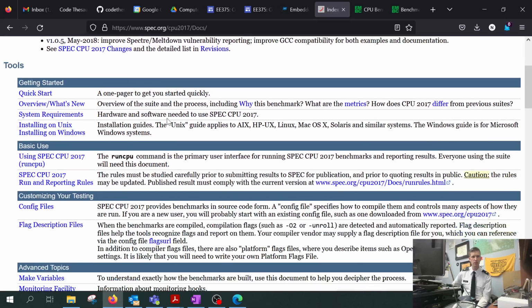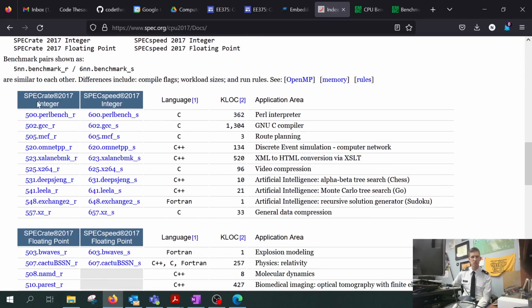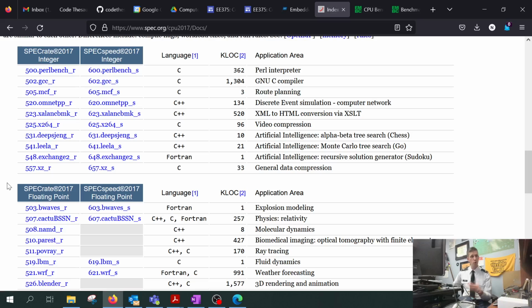You may have heard of the terms SPECint or SPECfloat. These are int short for integer and float short for floating point. These are two different groups of benchmarking programs that are offered to help evaluate the performance of processors. You can see here they go by these names, SPECint perlbench, SPECint gcc, and you can see a little description of each of these programs.